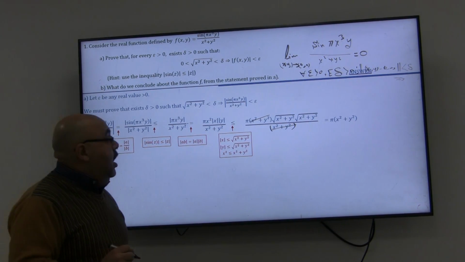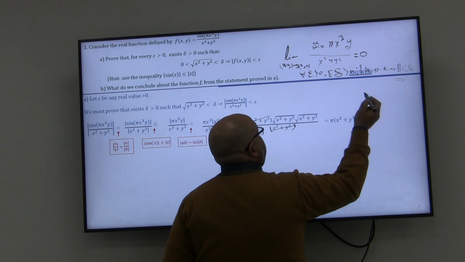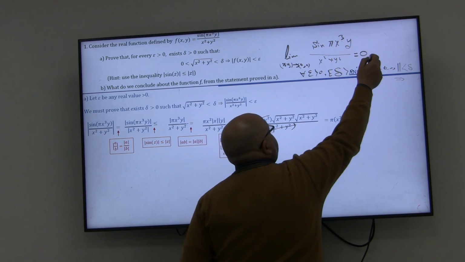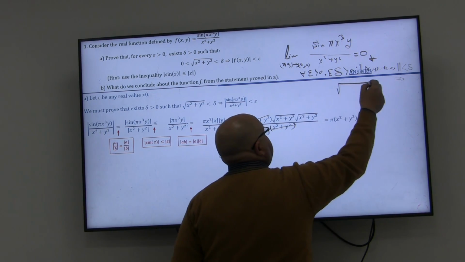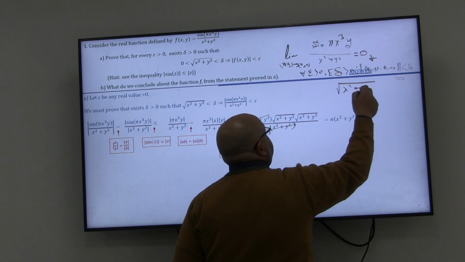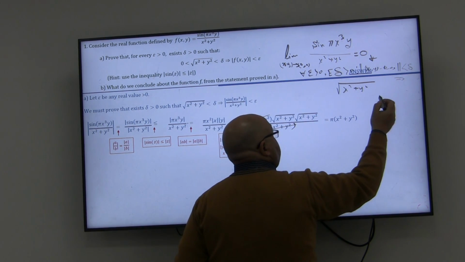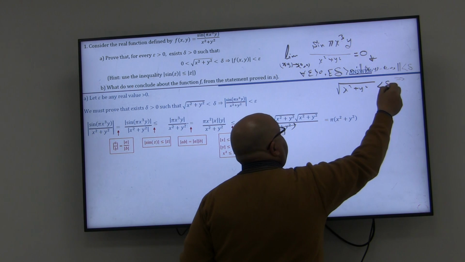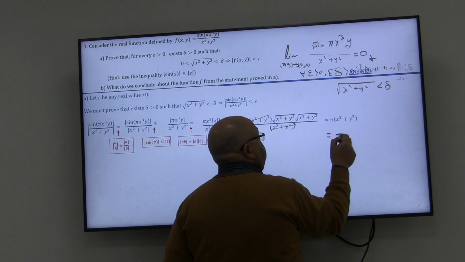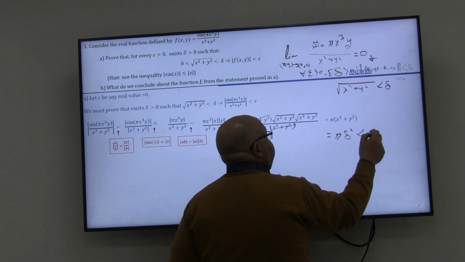Once more, remember that we started all of this from the norm, which is the square root of x squared plus y squared, which is supposed to be less than delta. So at the time being, I can put pi delta squared less than epsilon.